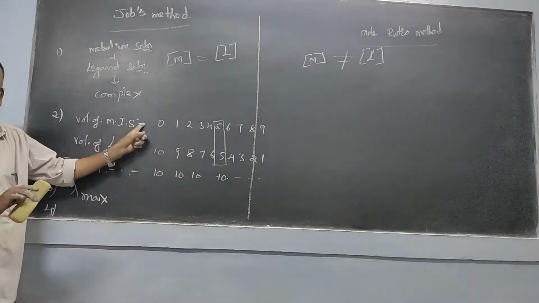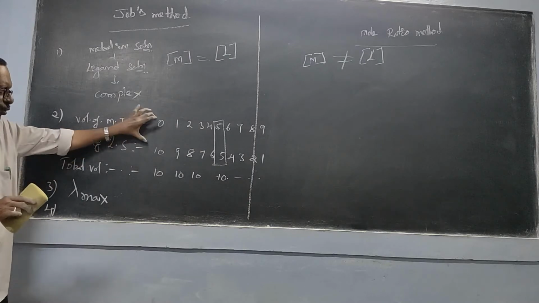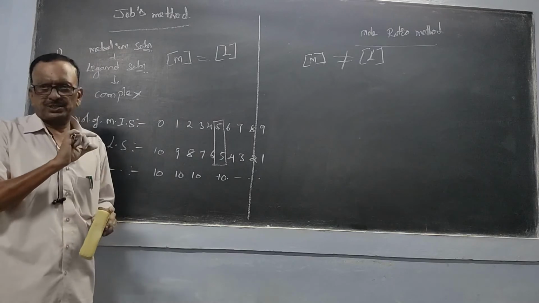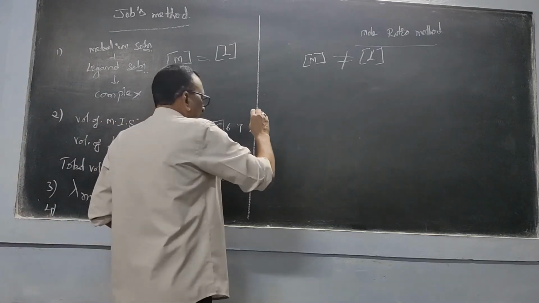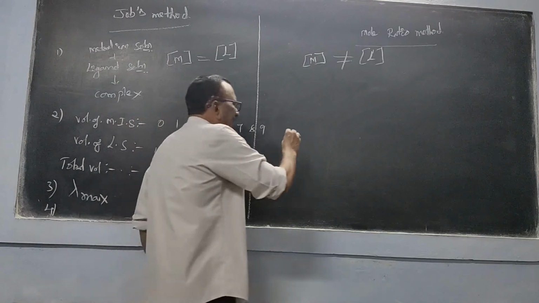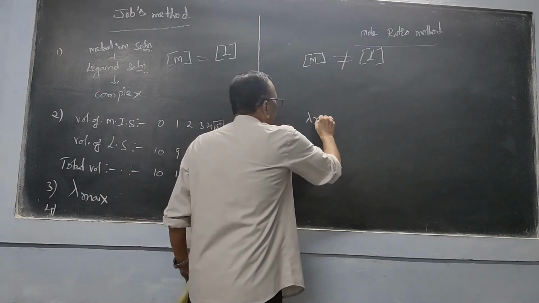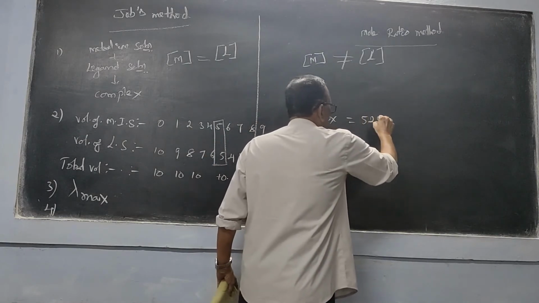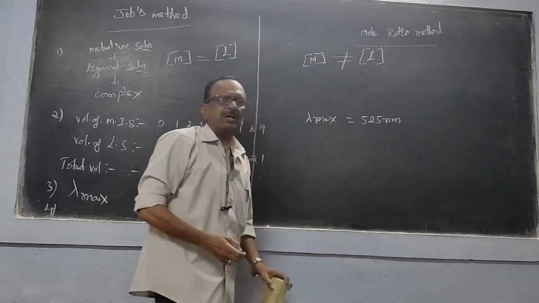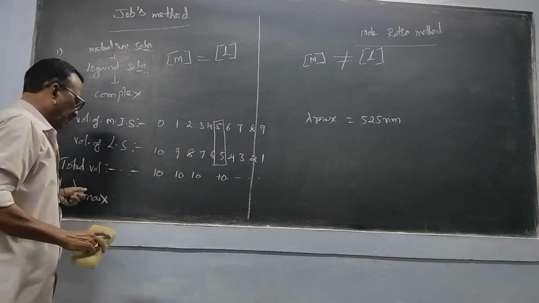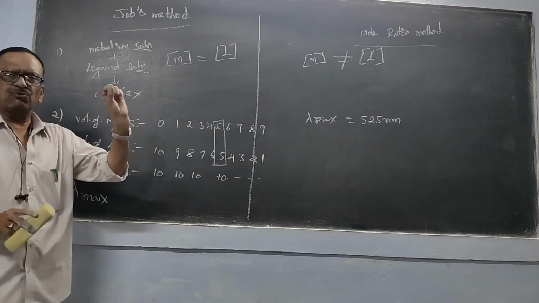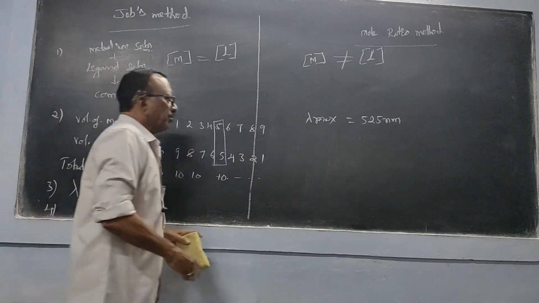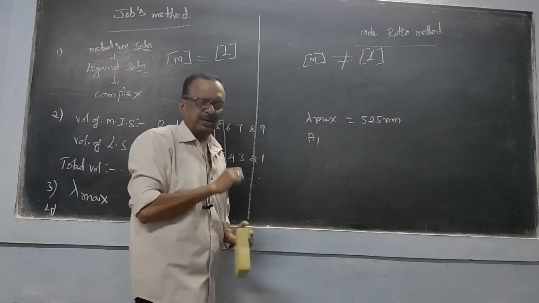There is no metal ion solution. This sample is kept in the spectrophotometer cuvette. Then in the spectrophotometer we adjust the lambda maximum. As I said, for example, if we got 525 nanometers as the lambda maximum, keep that wavelength only. Then use this first sample and determine its absorbance.